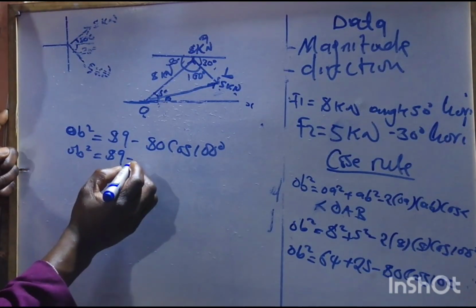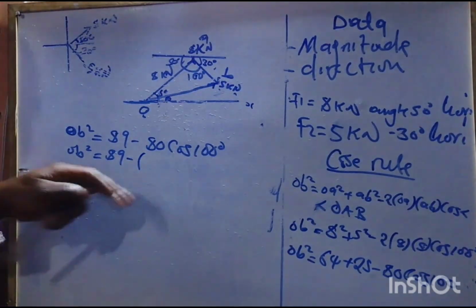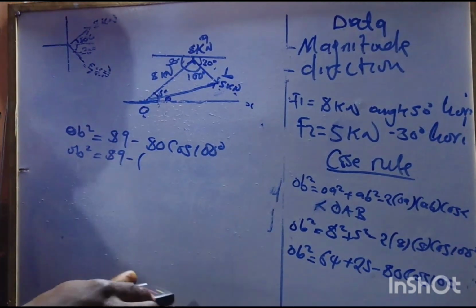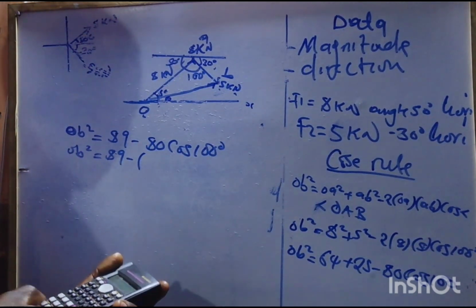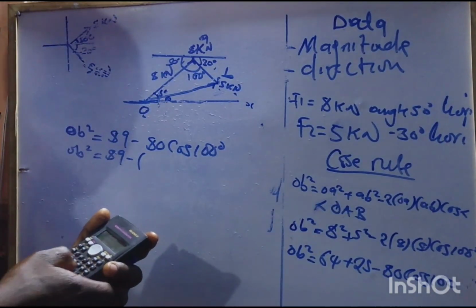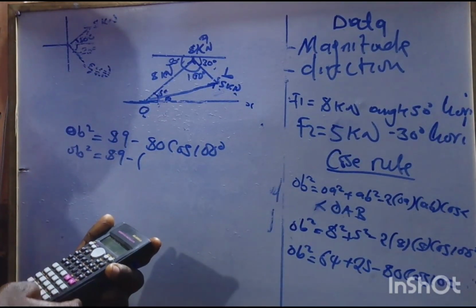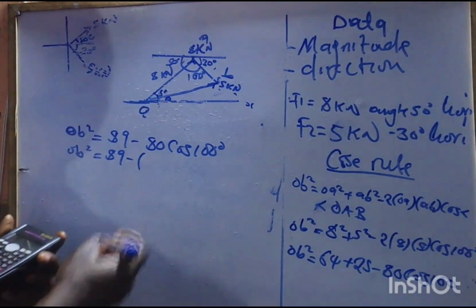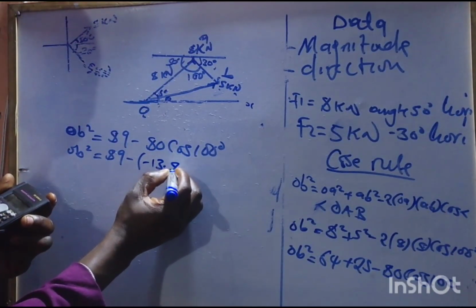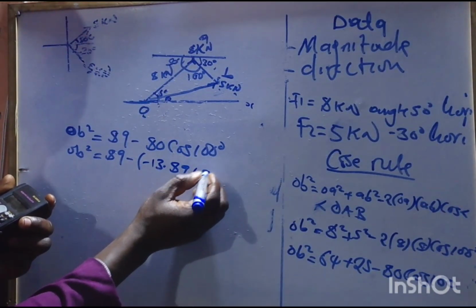Okay, OB squared will be equal to 89, then minus open bracket, you punch on the calculator 80 times cos 100. So it is negative 13.8918.